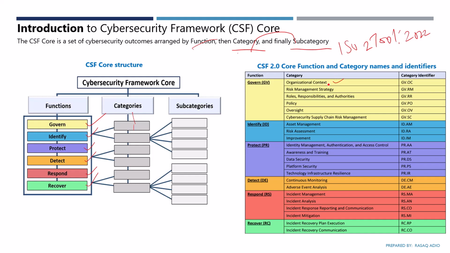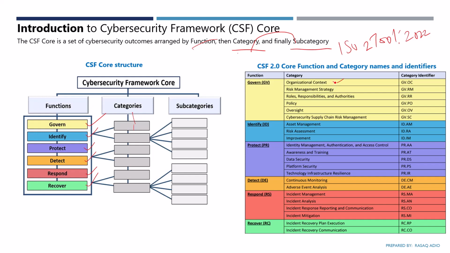However, you can't compare a large or multinational organization that has a mature cybersecurity framework adopted, to a startup that just started operation and has few controls in place. So that is why organizational context will go a long way to define to what extent you can apply this framework.